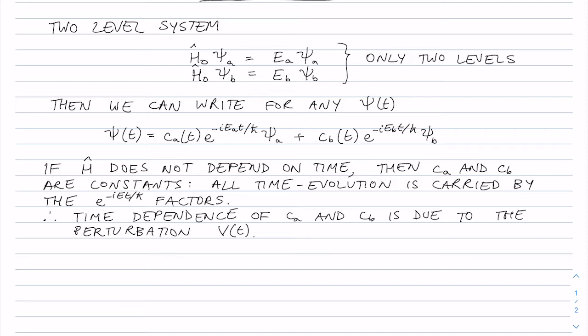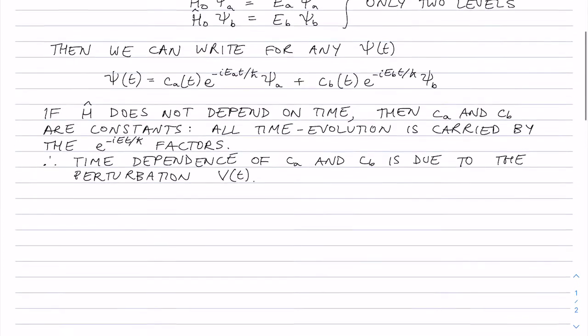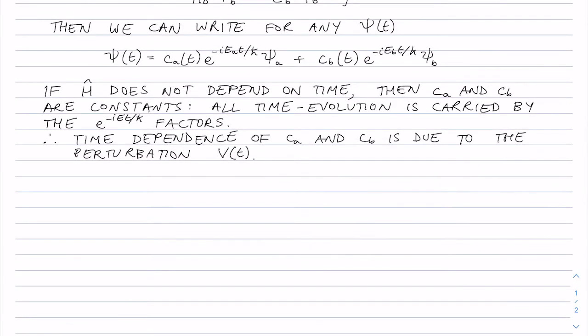So now we go to our time-dependent Schrödinger equation, which is H psi, where now H is H naught, the time-independent Hamiltonian, plus some time-dependent perturbation, and that is equal to i h bar d psi by dt as usual.